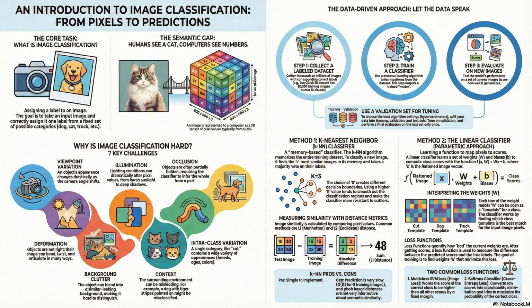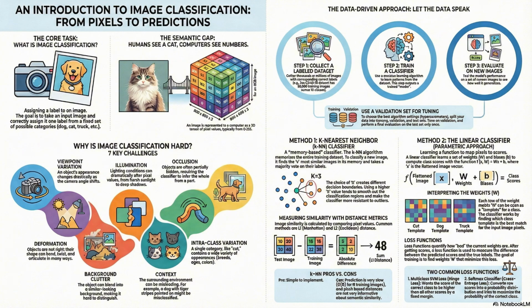What if you can only see its ears poking out from behind a sofa? Right. Or background clutter? A dog on a green lawn has a totally different pixel signature than the same dog on a gray sidewalk. The raw numbers are just chaos. They don't correlate with the object itself. They really don't. And that's why you can't just write rules. You can't code, if you see 2 pointy triangles, it's a cat. The only way forward is the data-driven approach. You just give the machine thousands or millions of labeled examples and let it figure out the patterns for itself.